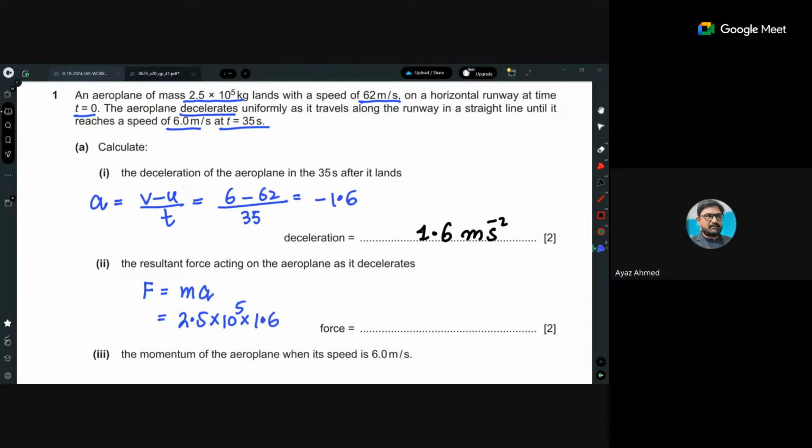So 2.5 exponent 5 times 1.6, your answer is 4,000, again 1,000. So you will write this number as 4.0 into 10 raised to the power 1, 2, 3, 4, 5, 6. So this 6 is for 4 million, right, sir? Yes, this is for million.